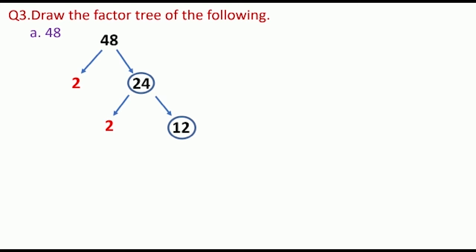This 12 can be divided by 2 again. So write here 2. Then again here what will come? 6. When we divide this 12 by 2 you will get 6. Write here 6. Then again this 6 can be divided by 2.